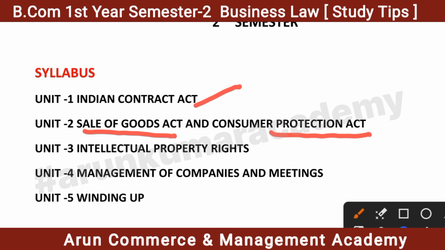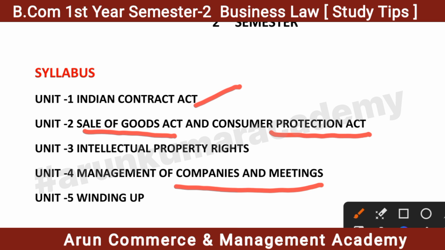From unit 3 also there are topics like intellectual property rights. So you need to remember trademarks, copyrights, patents and trade secrets. When it comes to copyrights, it is 1957. And for management of companies and meetings, you need to follow the Companies Act 2013. The new Companies Act is 2013 and the old Companies Act is 1956.